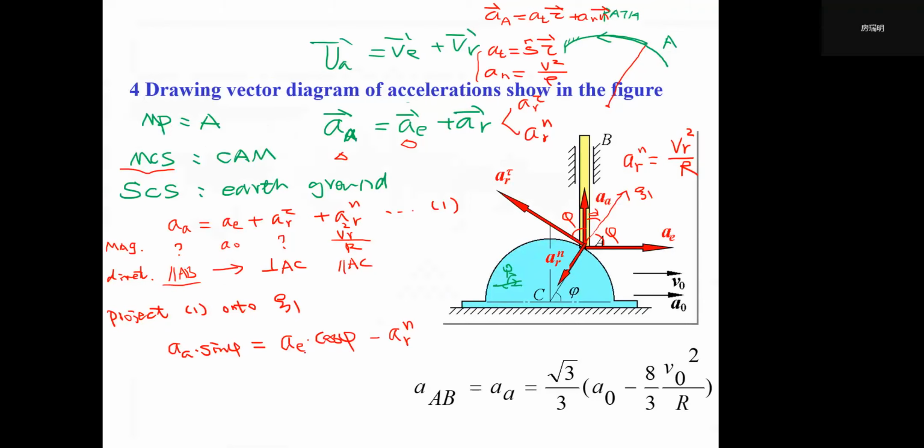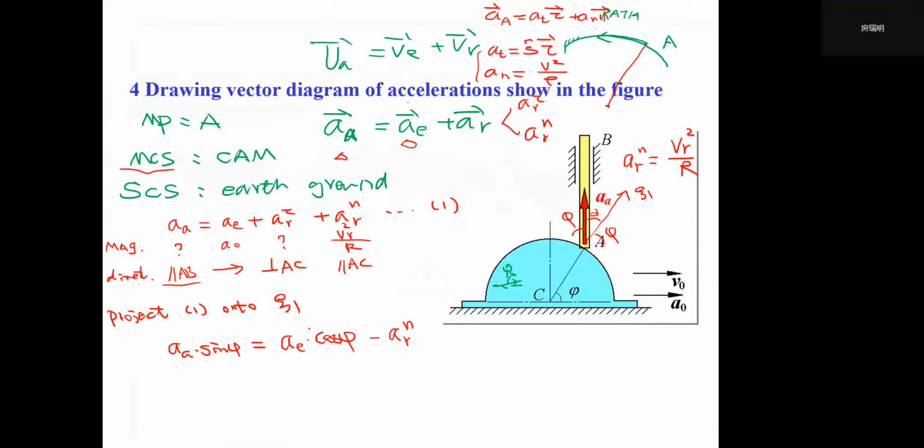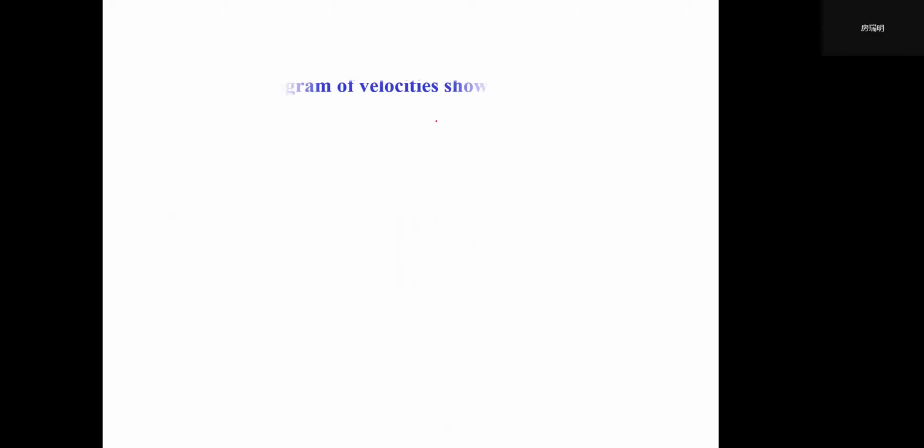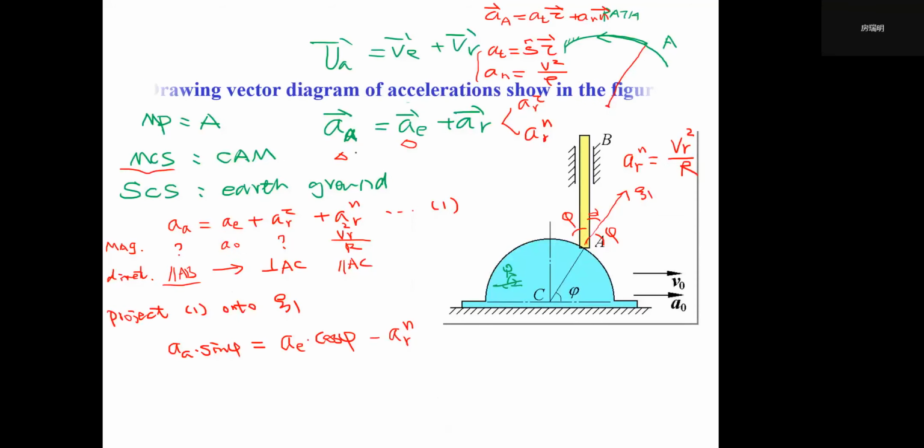Then we can finish. So back to the page, let's see what the magnitude of phi is. It tells us phi is 60 degrees. So we can use this to find the final result, right? So AA times sine 60, which is square root 3 over 2, should equal AE, which is A0 times cosine 60, which will be half, right?